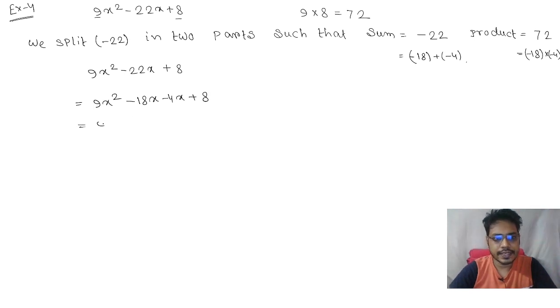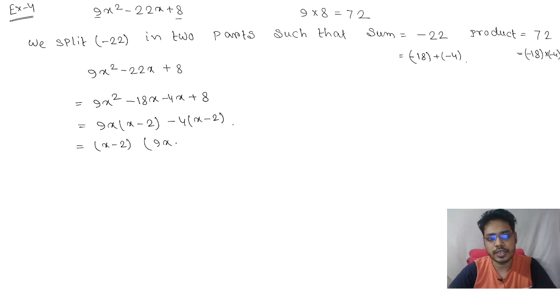Here take 9x common, so it will be x minus 2, and take minus 4 common, so it will be x minus 2. Now x minus 2 is common, so taking it common, it will be x minus 2 into 9x minus 4. That will be the factorized form of 9x square minus 22x plus 8.